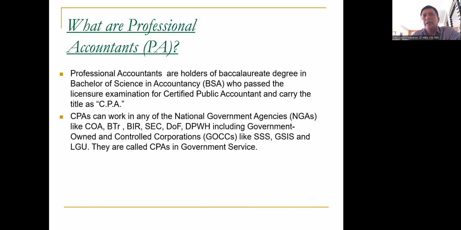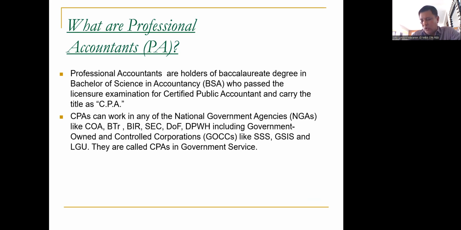They can work in any of the national government agencies like the COA or the Commission on Audit, the BTR or the Bureau of Transportation, the BIR or the Bureau of Internal Revenue, the SEC or the Securities and Exchange Commission, the Department of Finance, DPWH or Department of Public Works and Highways, including government-owned and controlled corporations like the SSS, GSIS, and other LGUs like the City Mayor's Office, the Provincial Office, Cebu Province, for instance, and any other LGU.